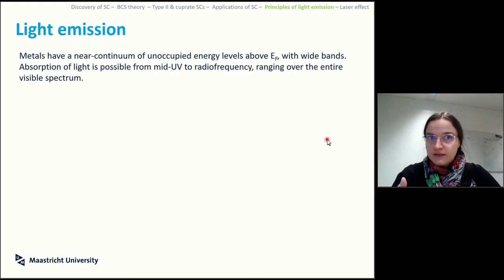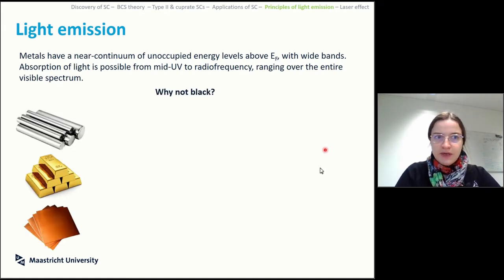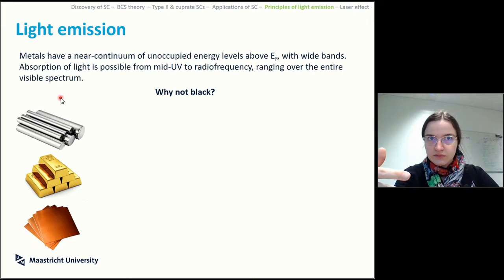So metals usually should be able to do this nice heating up and glowing in a very specific way. But this is also the reason why metals in themselves are shiny, because they will get excited by the light that hits them and just continuously bump back photons at a given temperature.